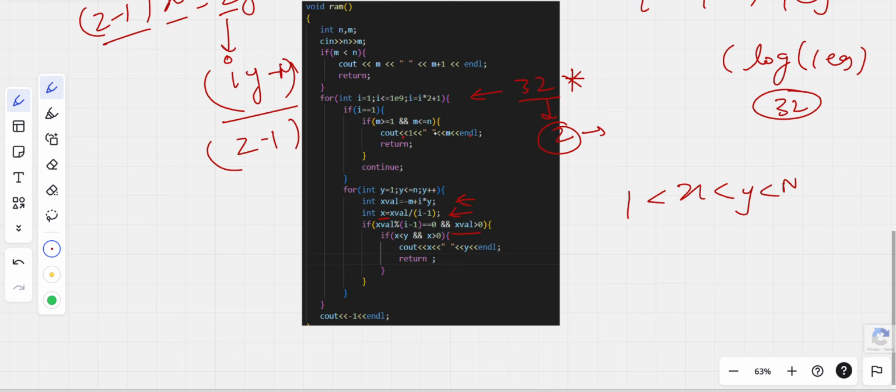So for that we have to return 1 comma m, because for i is equal to 1, f of 1 is always y. So we just have to check that the value must be greater than 1 and the m value must be less than or equal to n.